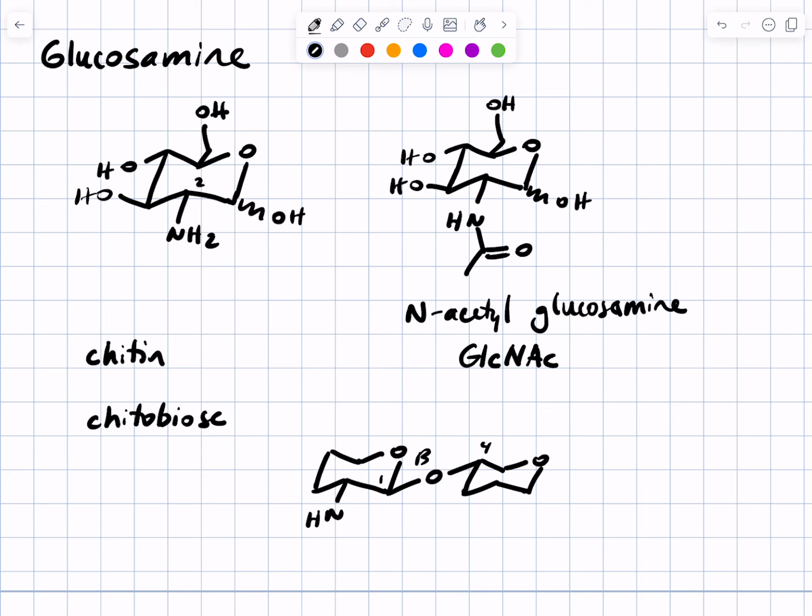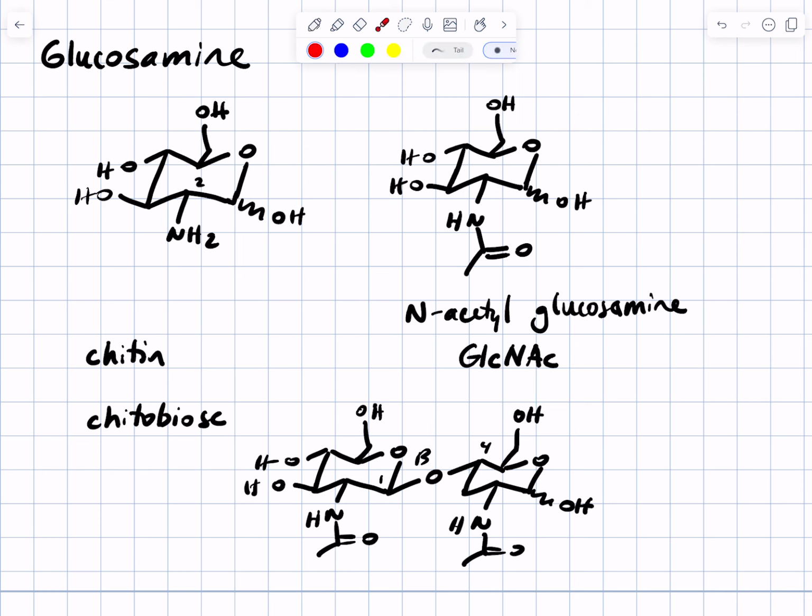So 2 N-acetyl glucosamines linked together. And this is what insect shells are made of. And it's interesting that the addition of that acetyl group rigidifies the carbohydrate so dramatically relative to if there were OH groups there.